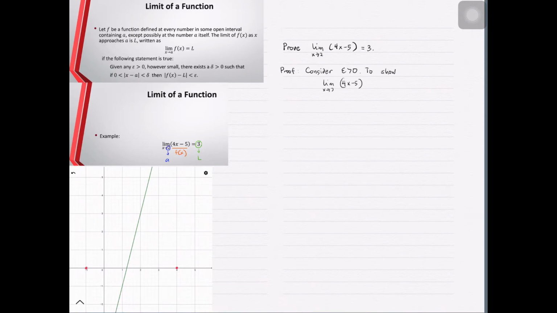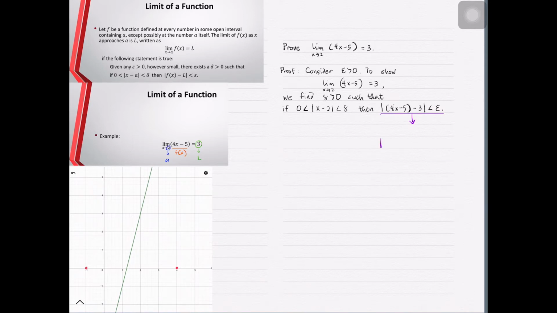Now when we have to show that the limit is 3 for this function, it also means that we just have to find a delta greater than 0 such that this happens. One way to prove the limit of a function is to work backwards.